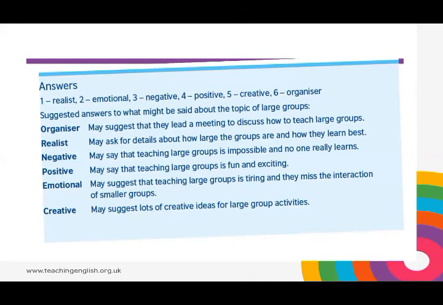This is the positive or optimistic one. Emotional may suggest that teaching large groups is tiring and they miss the interaction of smaller groups. This is related to emotions. And the creative one may suggest lots of creative ideas for large group activities. Is it clear? Have you got it?